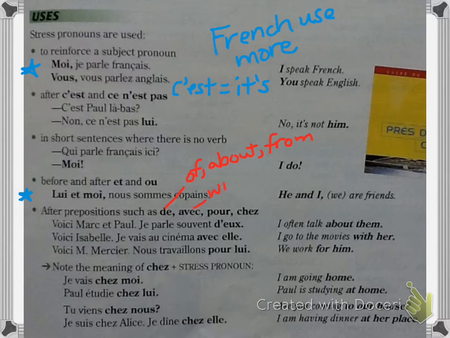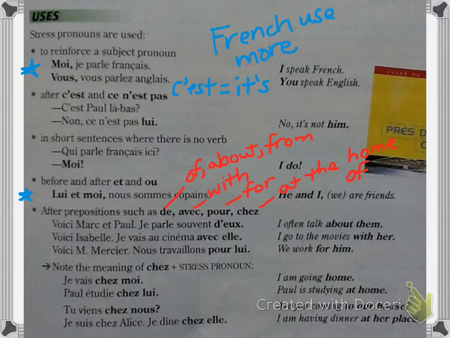Avec is with, pour is for, and chez is at the home of, or house of. Okay, so you tend to use the stress pronouns with these. You also do this in English. These are prepositions. So like, I give the book to him. I don't say I give the book to he, right? So we use those stress pronouns also in English here.